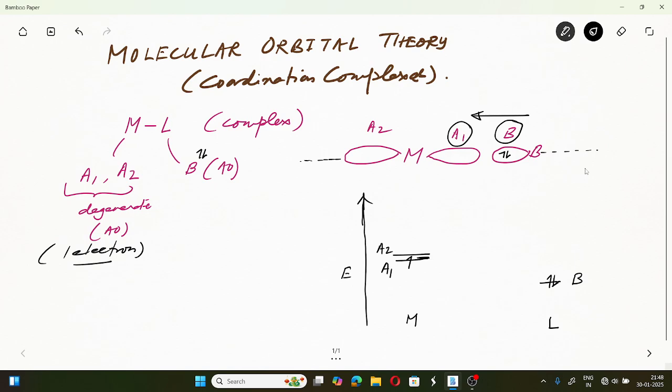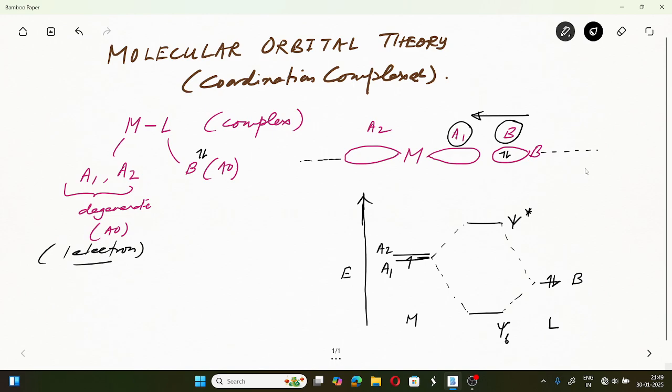So the approaching ligand, A1 and B will interact to form a BMO, say this is the BMO, and an anti-bonding molecular orbital, say this is the ABMO. So this is, let us say, chi bonding, and let us say this is chi star or chi anti-bonding.